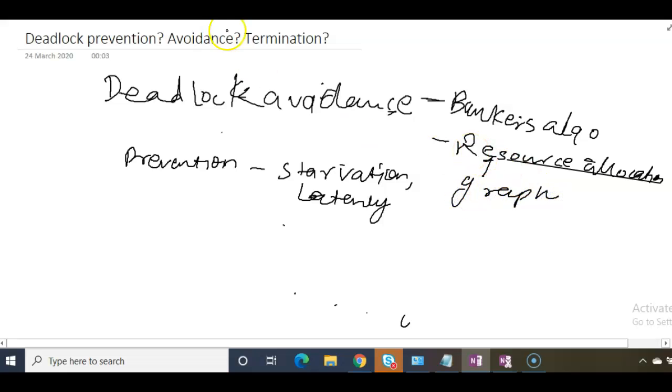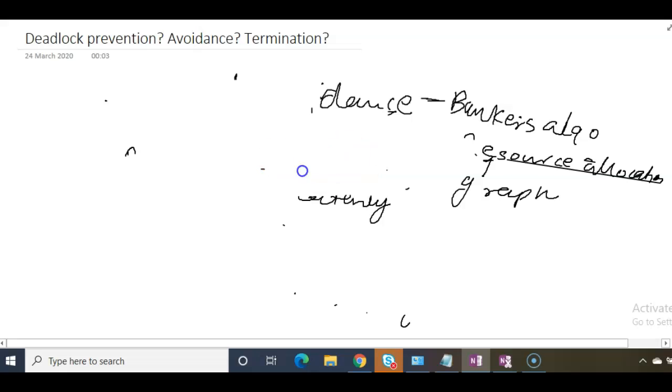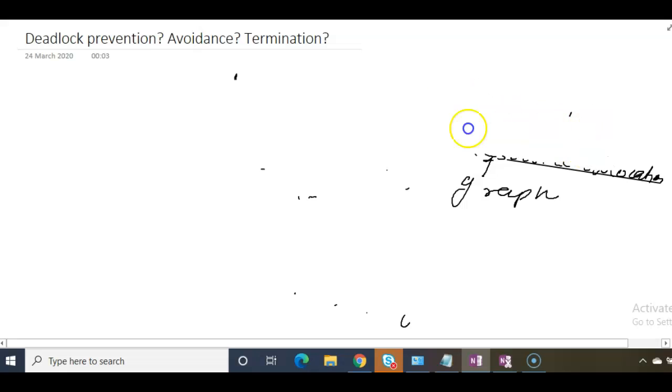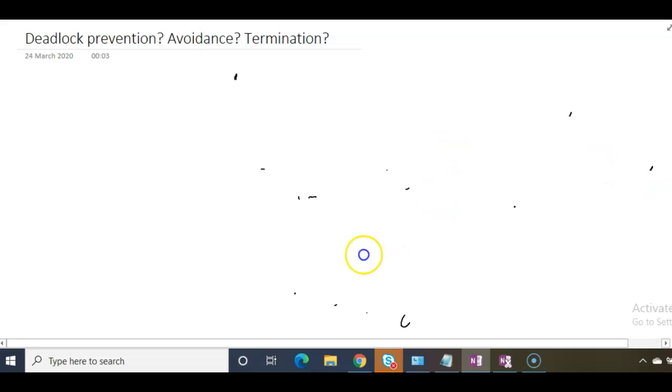So these are two things that you can use for this. But for Banker's algorithm we will make a separate video, because there are some numericals which come under Banker's algorithm, so we will make a separate video for it.